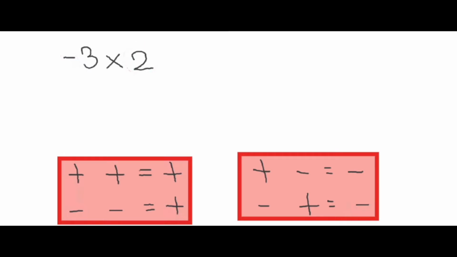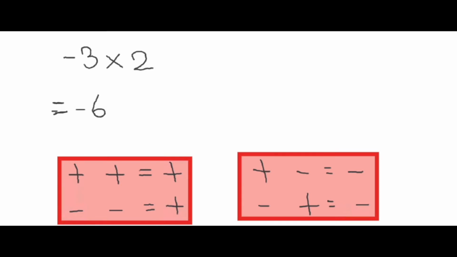So minus and plus, when you multiply a minus sign integer with a plus sign integer, the product should be minus. So you should multiply the numbers. So I will multiply the 3 and 2, I get 6. Now I'm going to put the sign minus.